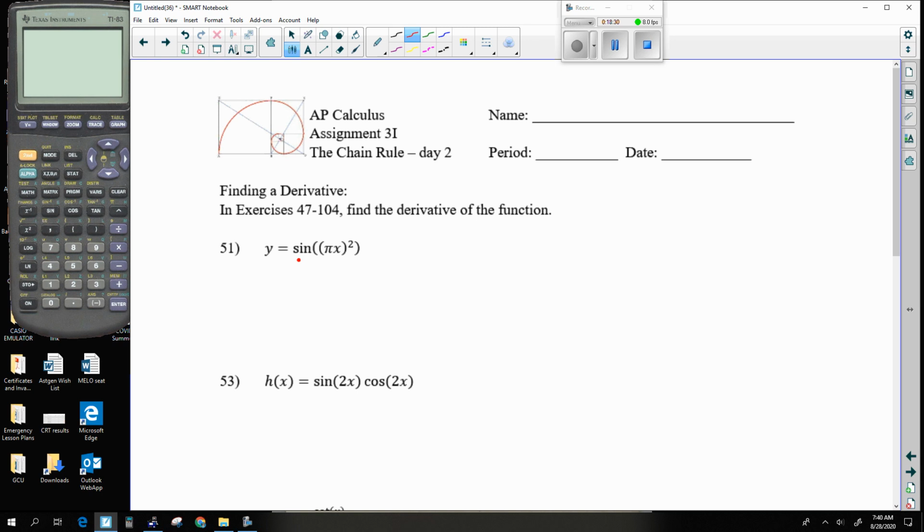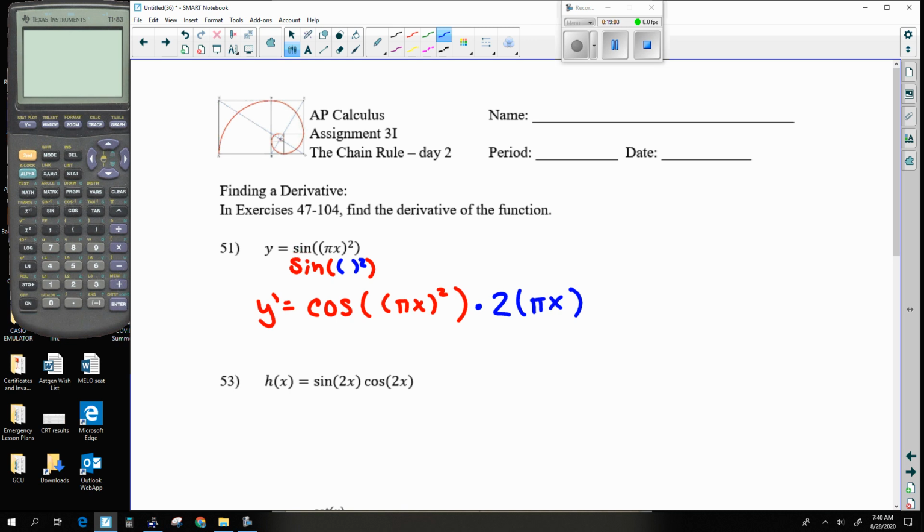Okay, so the outside is this sine. That's the outermost piece. So the derivative is going to be cosine pi x squared. The inner piece to that is that square, so this is going to be times 2 to the first power, and that's going to be pi x.